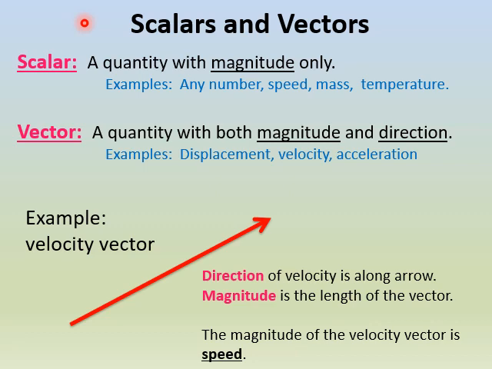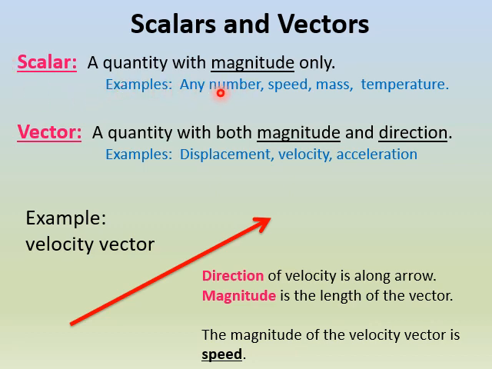So let's start our discussion by distinguishing between two types of mathematical quantities. One is called a scalar, and the other is called a vector. So what is a scalar? Well, a scalar is a quantity that has magnitude only. So examples of scalars that you're familiar with would be any number.